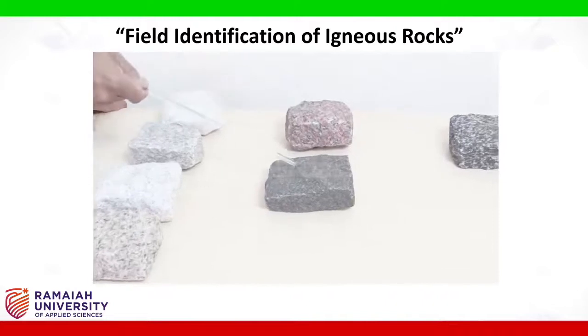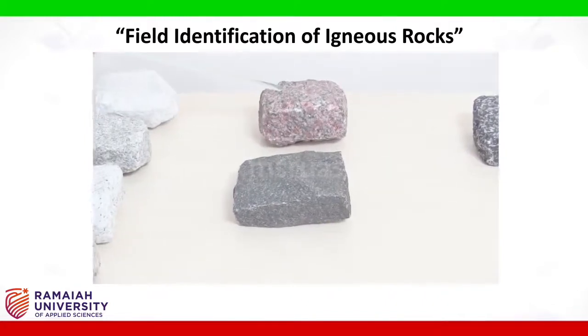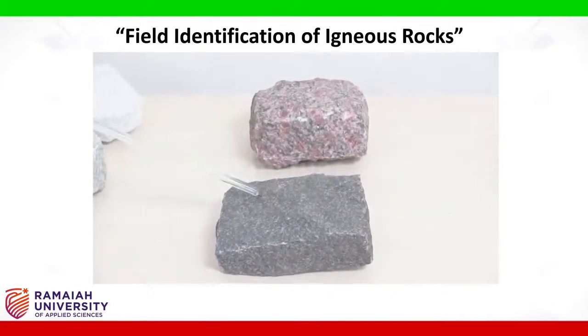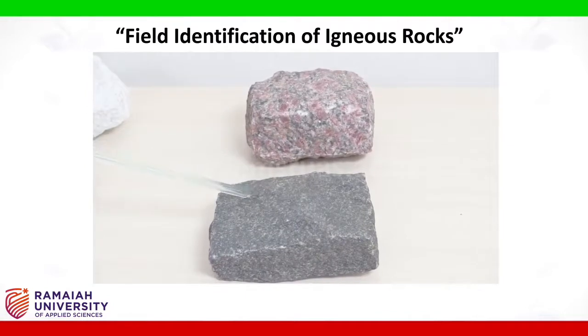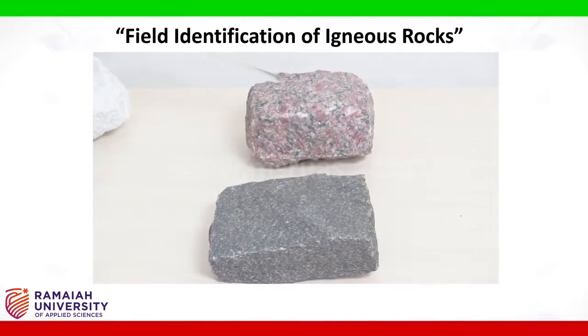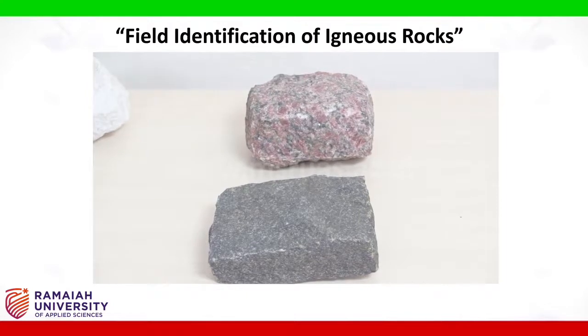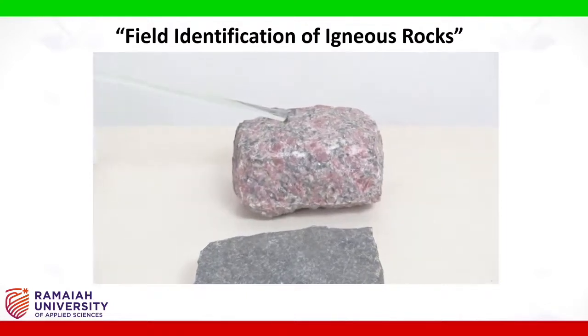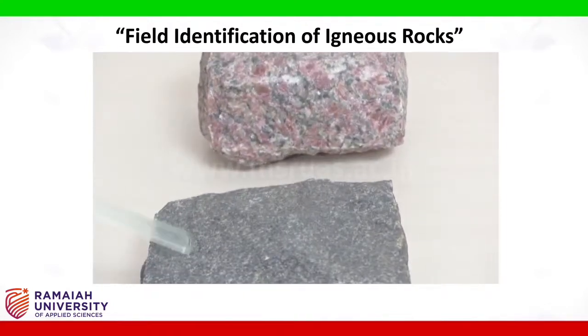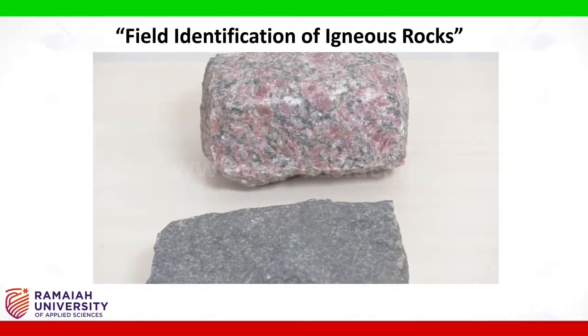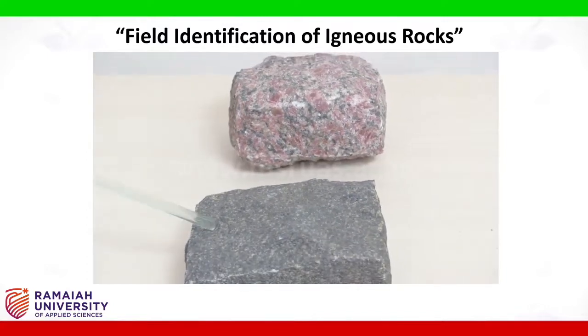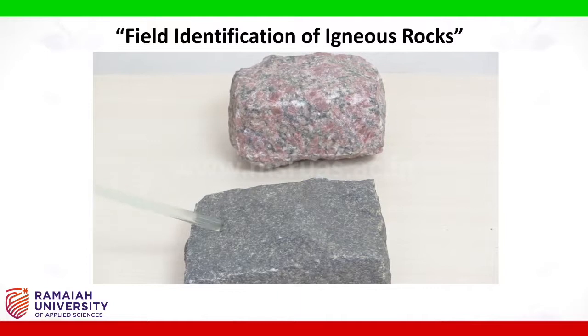These two rock types come under the category of intermediate igneous rock type. They are basically a granodiorite rock, but having a different grain size and varying percentage of light color and dark color minerals.